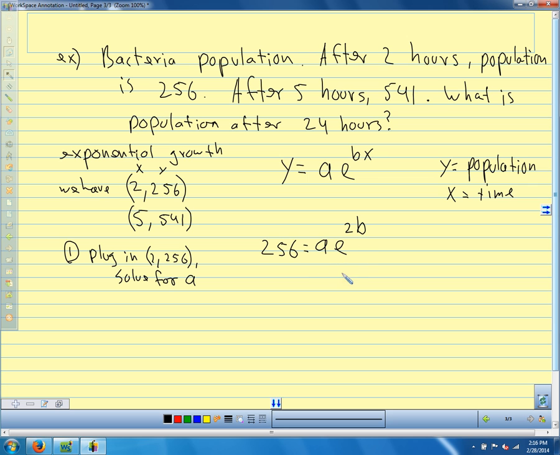To get a by itself, divide by e to the 2b. So a equals 256 divided by e to the 2b. What's another way I could write 256 divided by e to the 2b? E to the negative 2b. So I can write this as 256 e to the negative 2b.